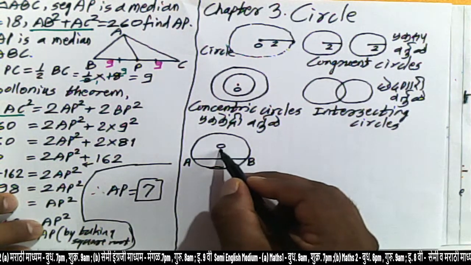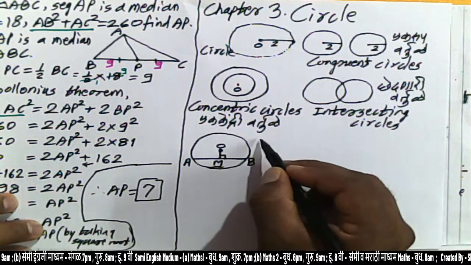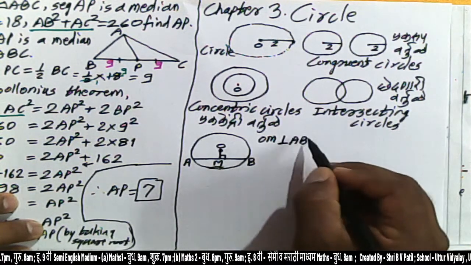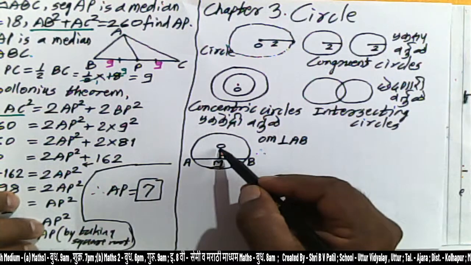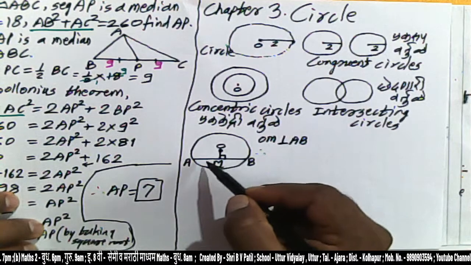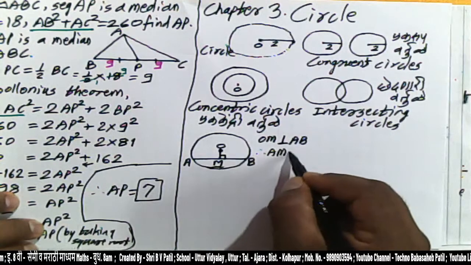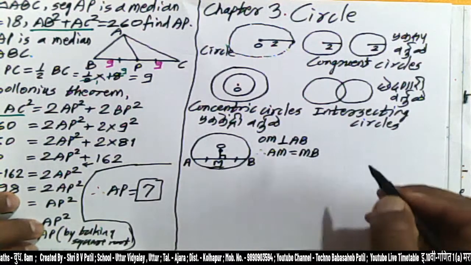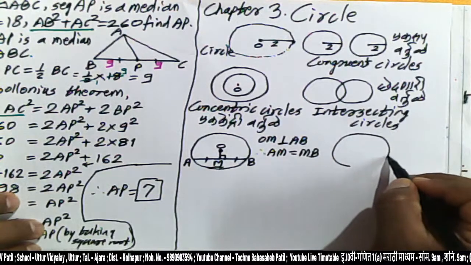A perpendicular drawn from the center to the chord, that is OM, is perpendicular to chord AB, and therefore the chord is bisected. Means AM and MB parts are equal, and its converse you also studied in 9th standard.